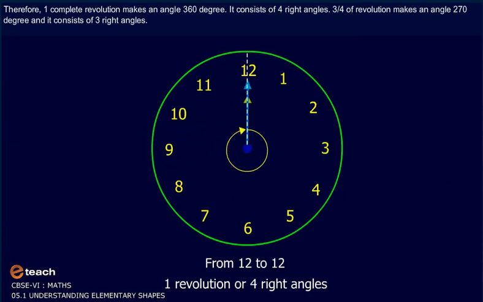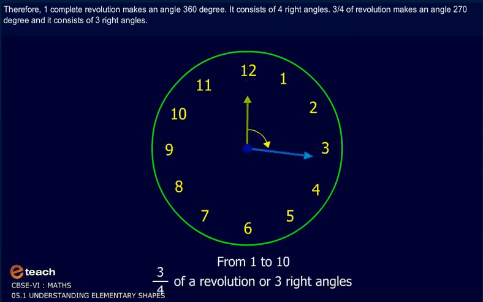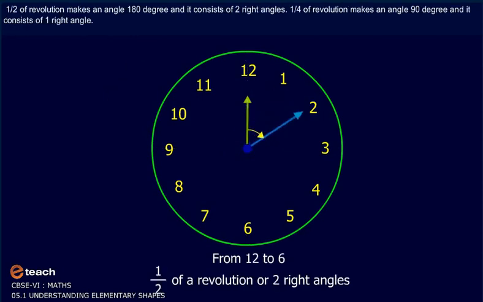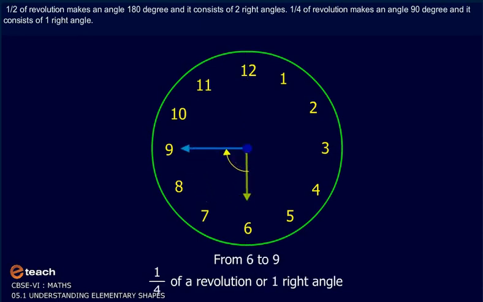It consists of 4 right angles. 3/4 of a revolution makes an angle of 270 degrees and it consists of 3 right angles. 1/2 of a revolution makes an angle of 180 degrees and it consists of 2 right angles. 1/4 of a revolution makes an angle of 90 degrees and it consists of 1 right angle.